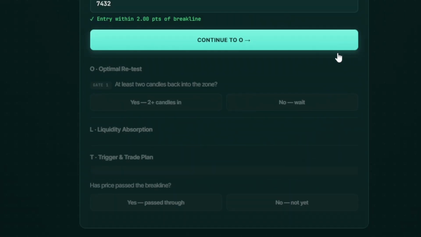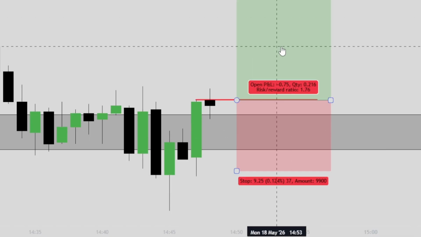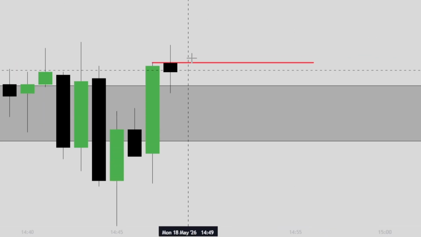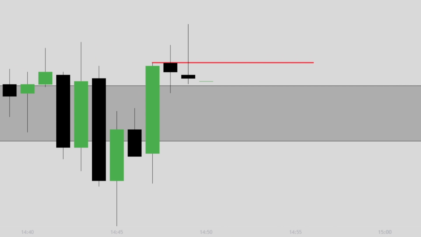Okay. Awesome. So now we move on to O, which is the optimal retest. And this is where I often mess up sometimes. And I've put this app in place so that I don't mess up and so that the rules become systematic. So what does this mean now? Optimal retest means, do you see at least 2 candles coming back in the zone? Once we've had the break, how many candles do we see coming back into the zone? So I see 1, I see 2, and then we shoot off here.